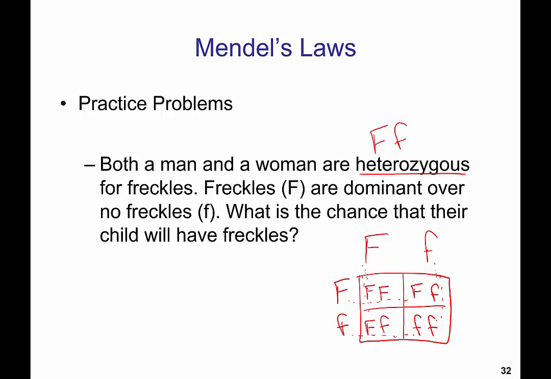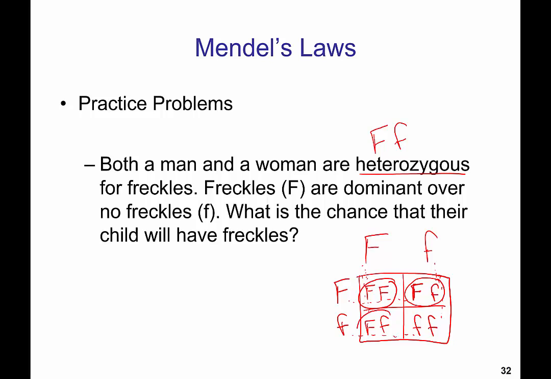So if we're looking here, this child would have freckles. What about this one? Would it have half freckles and half not freckles? No, because in a diploid organism, you're going to have 2 alleles for each trait, right? So we have a big F and a little f. With simple dominance, one dominant allele is all that's needed for that trait to be expressed. So this child has freckles, it's just heterozygous.